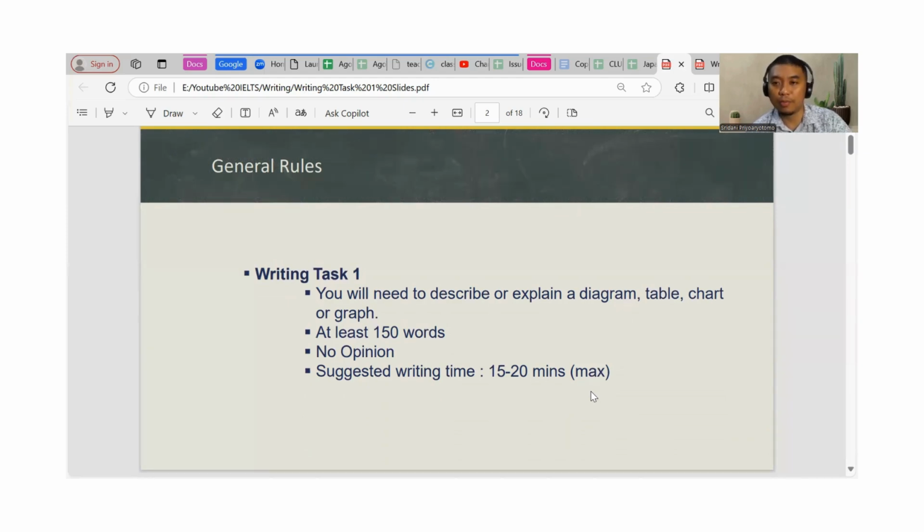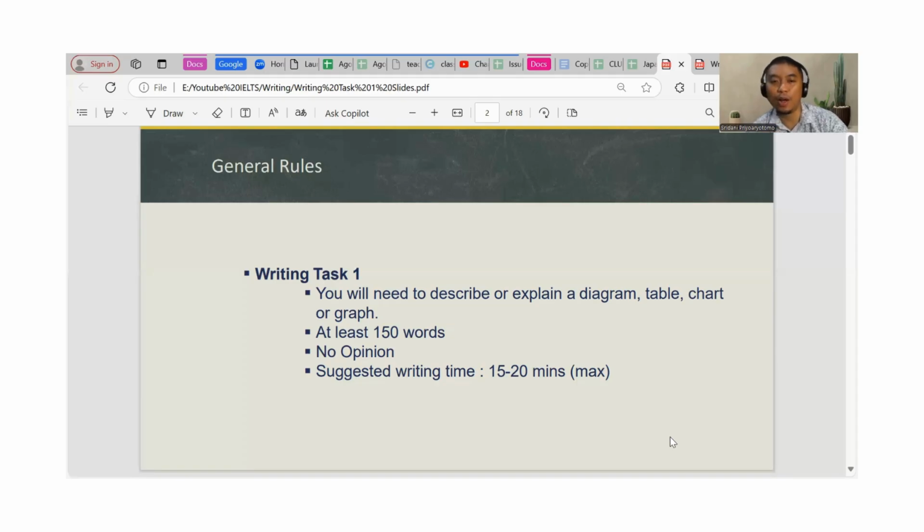This is what's going to happen in writing task 1, and you will need to write at least 150 words with no opinion, even though they are giving a topic that is related to your daily job. And then you have better data and accurate, and you would like to present your opinion, please refrain yourself from sharing your opinion.